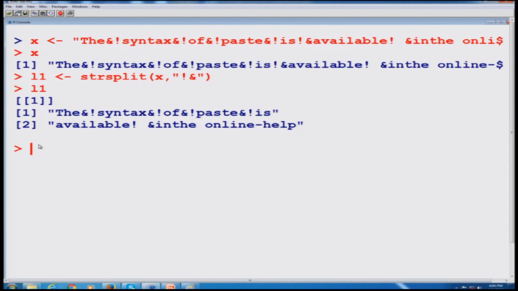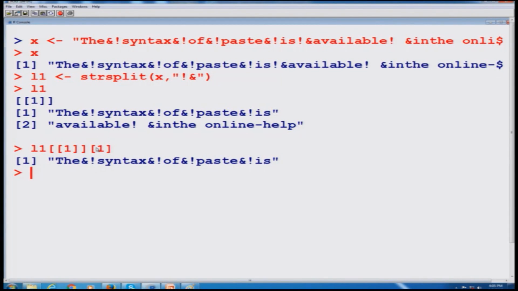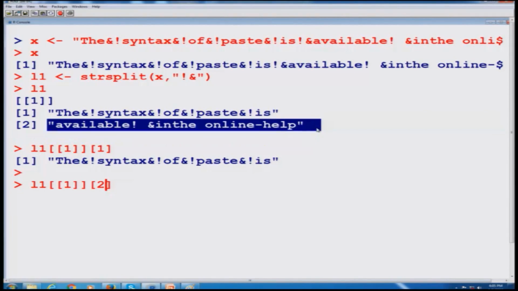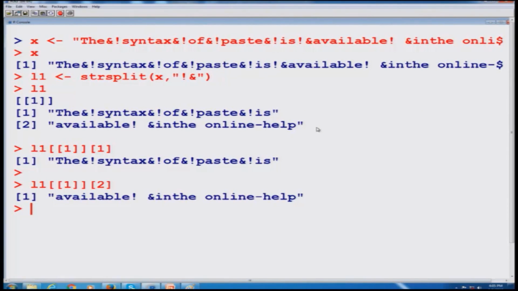I am simply copying from above L1, then these two brackets, and then suppose I want the first one, I copy this address, and you see here I get the same thing. Similarly, if I want the second value, then I get the same thing.